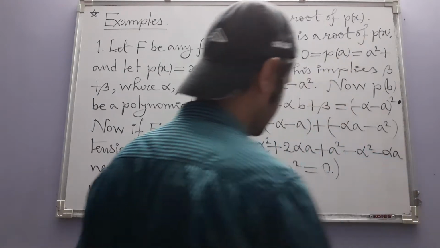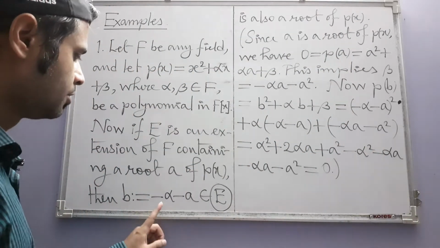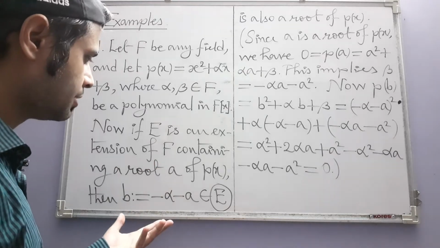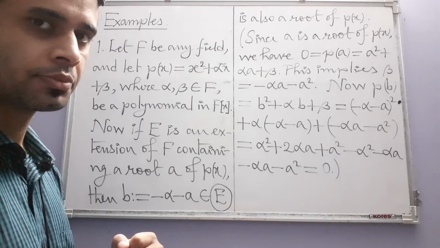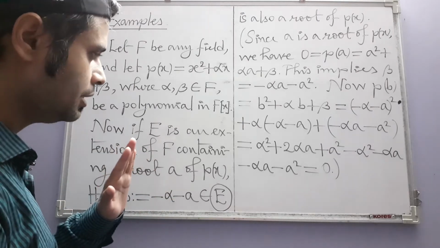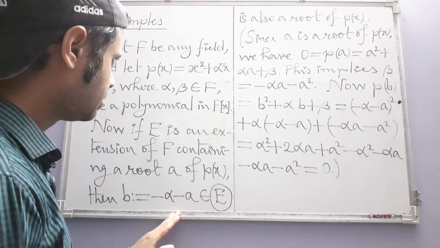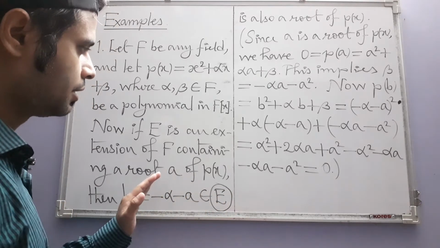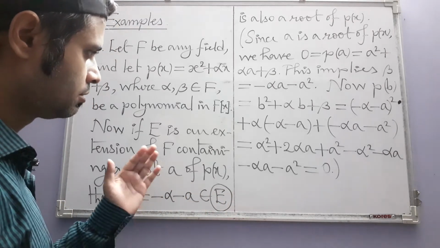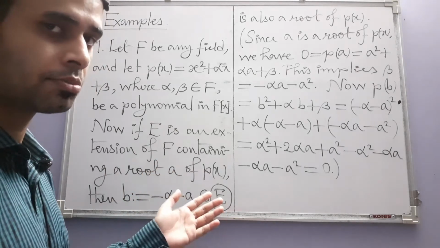Now two cases arise. So what we are now trying to do is that, fine, we have found two roots of this polynomial Px, and according to the theory that we have seen so far, there can be just two roots, I mean not more than two roots.